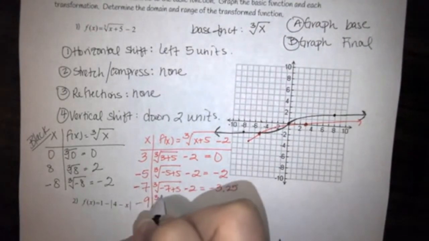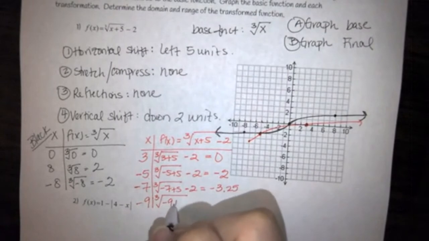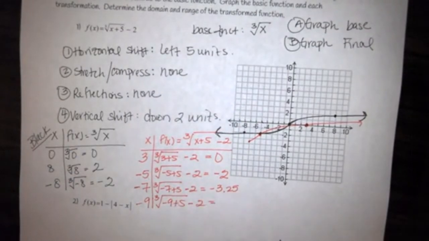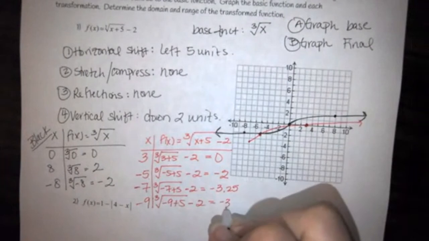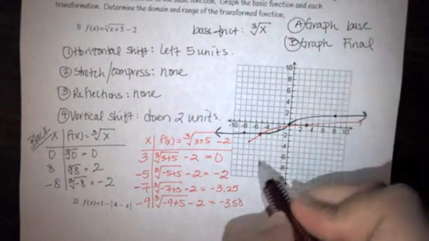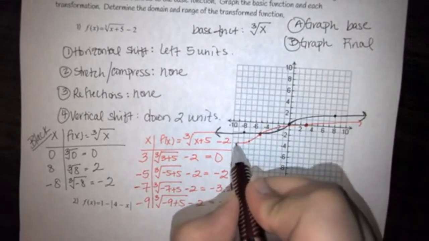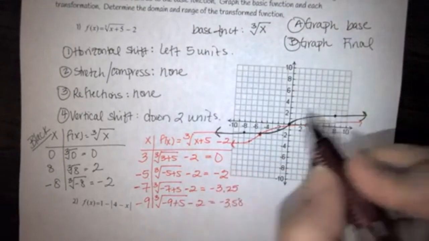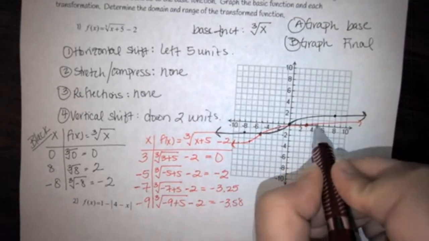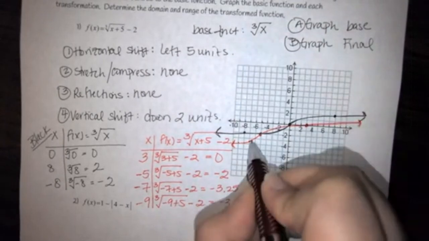I've got the cube root of negative 9 plus 5, and then we subtract 2, and this is about negative 3.58. So at negative 9, we're down even a little further. We're coming down in this direction. So we've sort of graphed it now using a table.